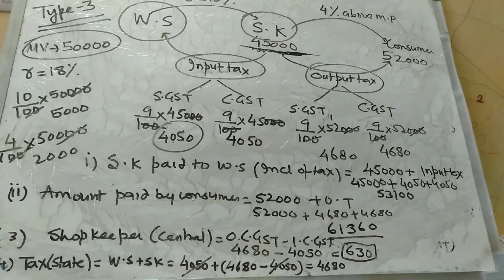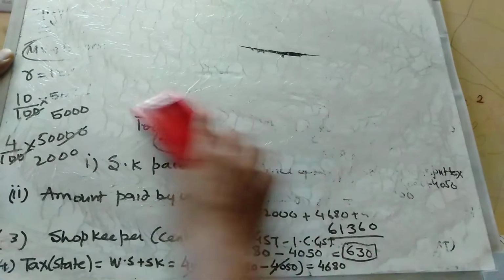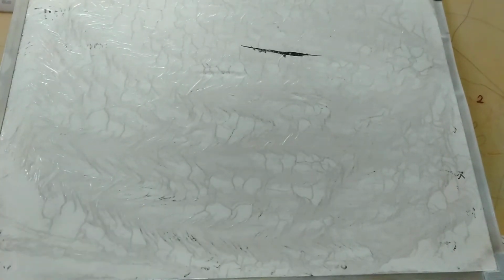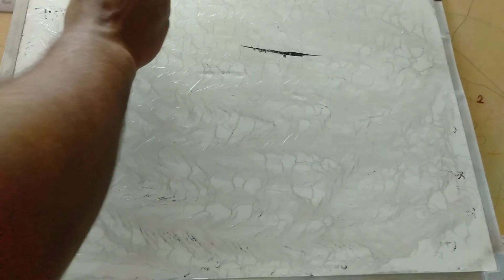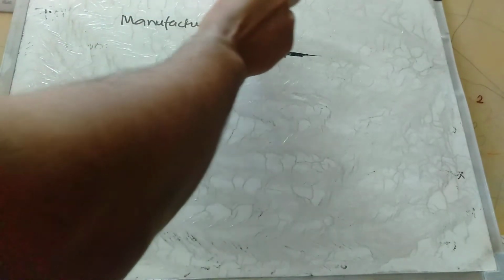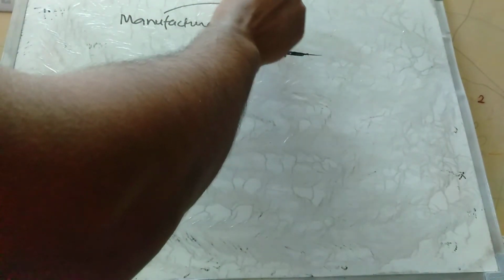Move on to one more question of this type. Now, in the next question, a manufacturer sells the article to a shopkeeper at a discount of 20%.